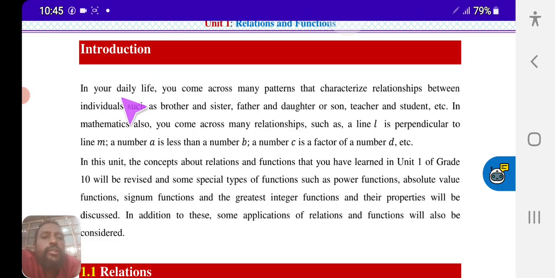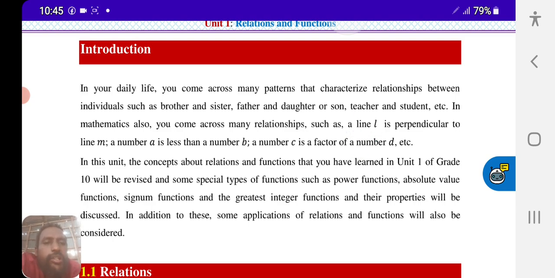In your daily life you come across many patterns that characterize relationships between individuals, such as brother and sister, father and daughter, or son, teacher and student, etc. In mathematics also you come across many relationships, such as line L is perpendicular to line M, number A is less than number B, number C is a factor of a number D, etc. All of these show the relationship of two things.